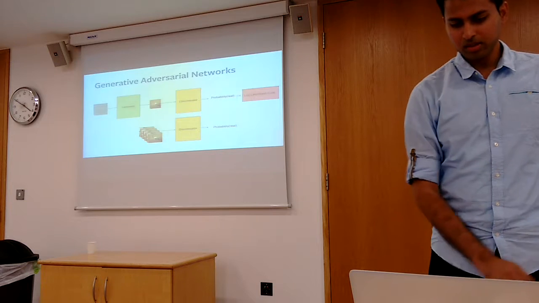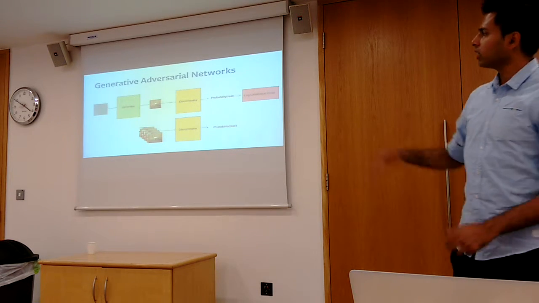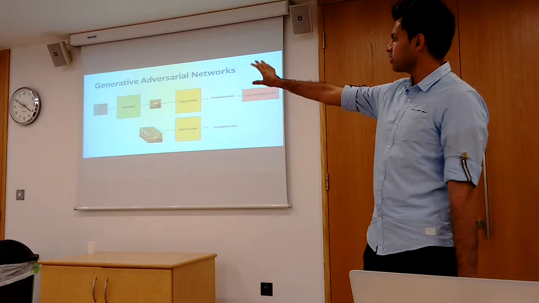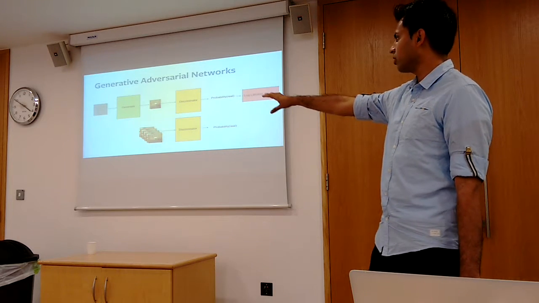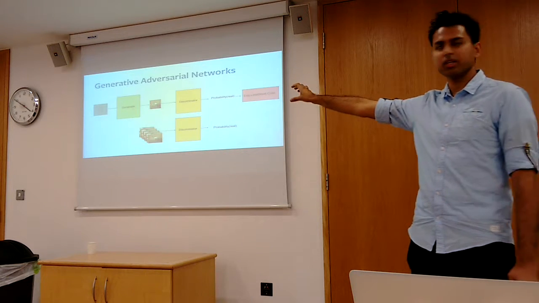What they propose is an interesting variation where your generator here is still exactly as I described before, but then you also have a discriminator, which is also a neural network.